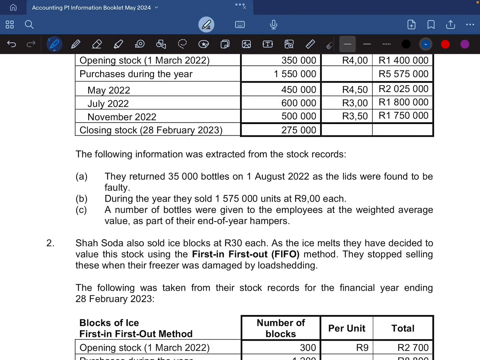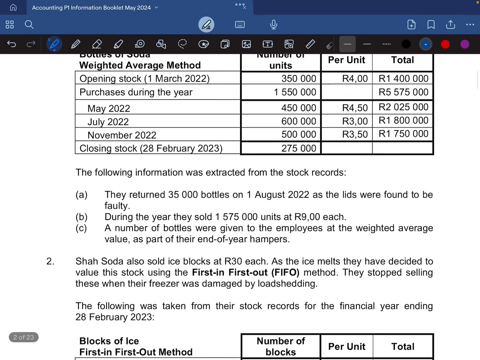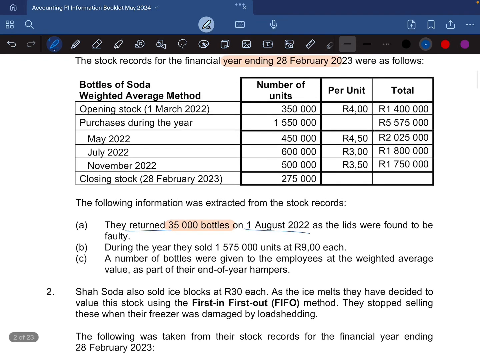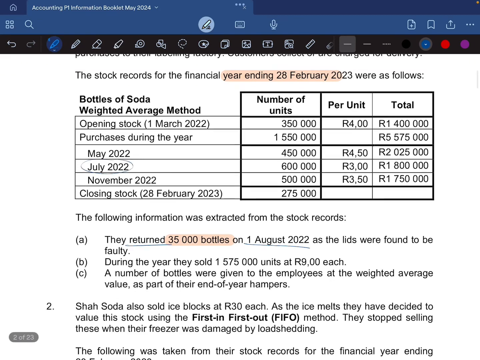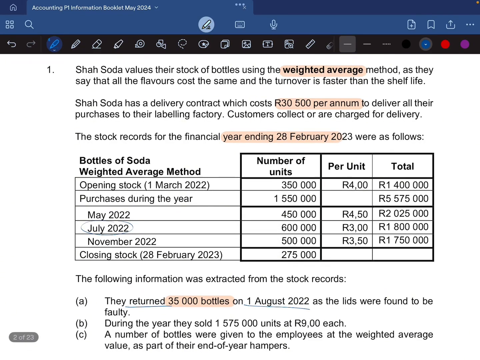Information A: they returned 35,000 bottles on the 1st of August as the lids were found to be faulty. So here we returned 35,000 bottles, so it is clear that these are returns on the 1st of August. This should link us back to when these bottles were bought. So we would have bought them in July 2022, because we were told at first that the stock is selling faster than the shelf life.